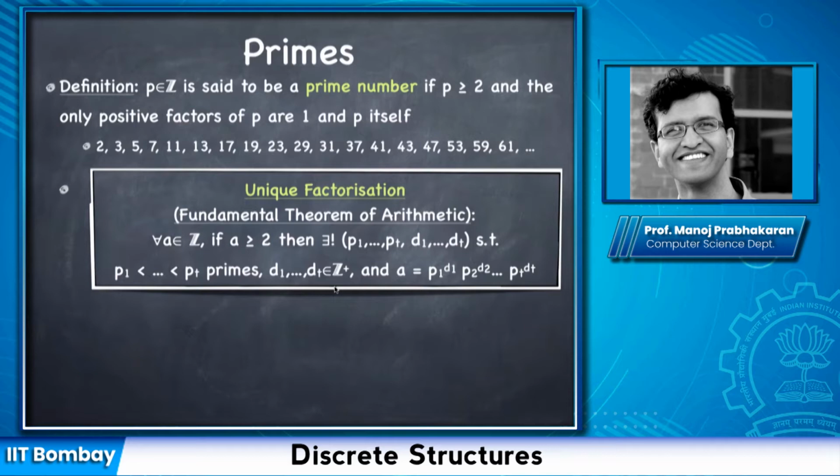And not just that you can write them in this way, but it's a unique factorization. Up to reordering, if you insist that these p_i are ordered such that it's an increasing sequence, then there is exactly one such sequence of primes and their powers which will let you write A as a product of these prime powers.